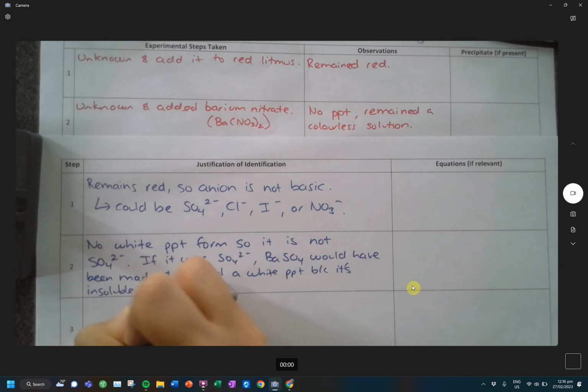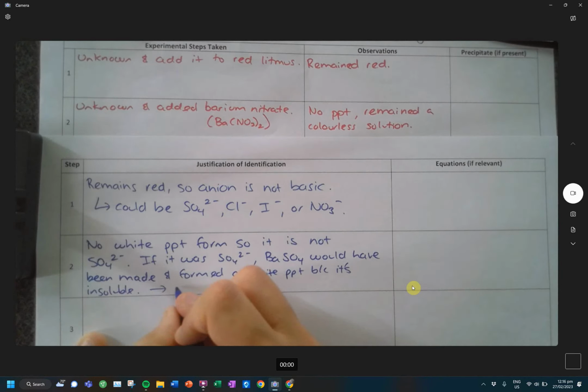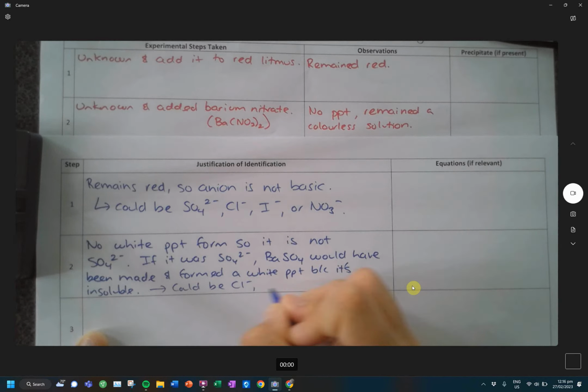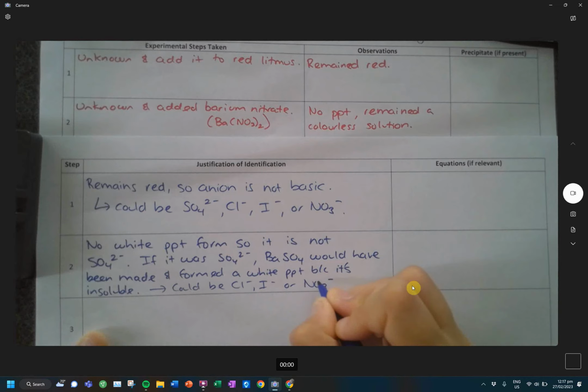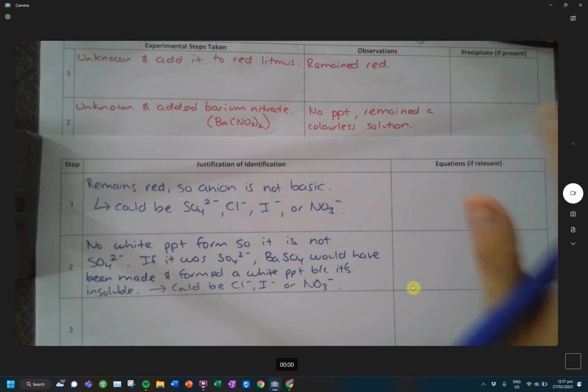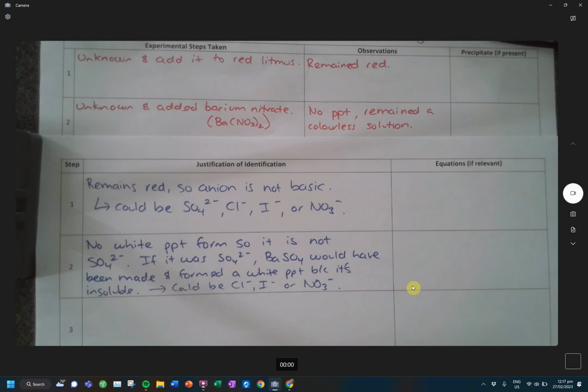So I'm just justifying what I see. What that then tells me is that it could be iodide, chloride, or nitrate. And just for the record, I'm doing the example that I did at the beginning, which we know is chloride.